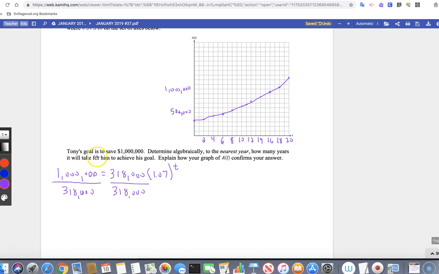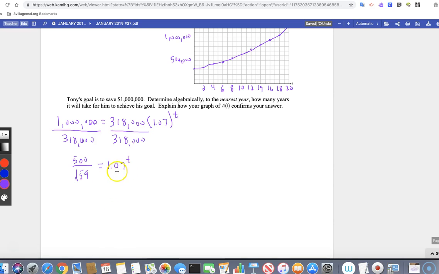And now when we do the division on the left-hand side, we can do that in the calculator. We would get in a simplified rational expression 500 over 159, and that would equal 1.07 to the exponent of t.